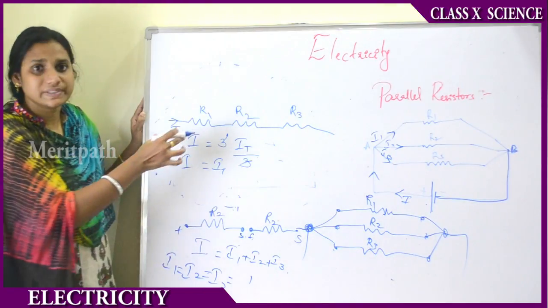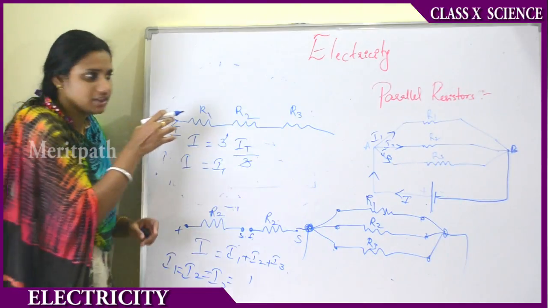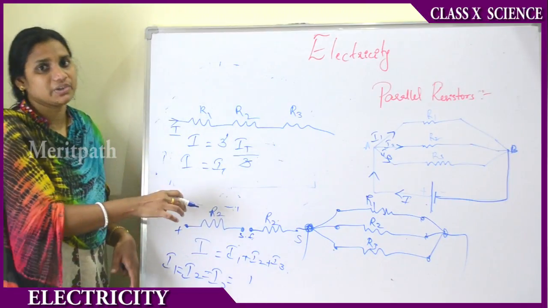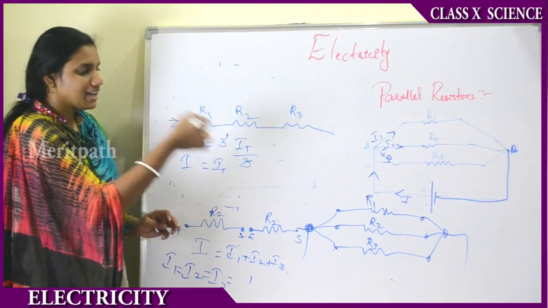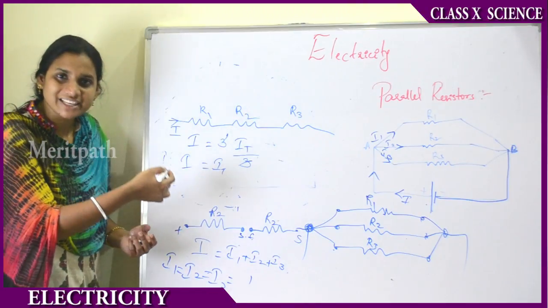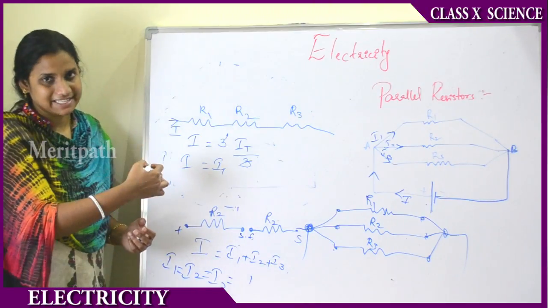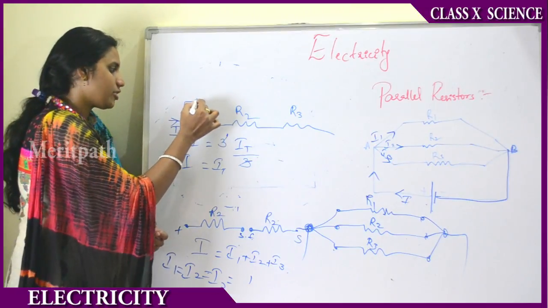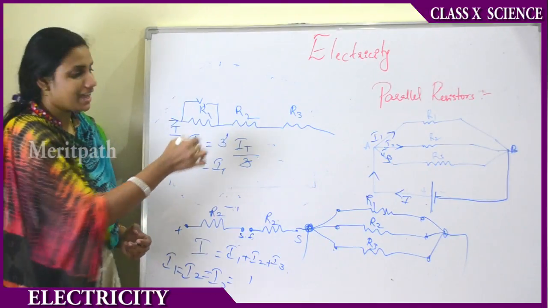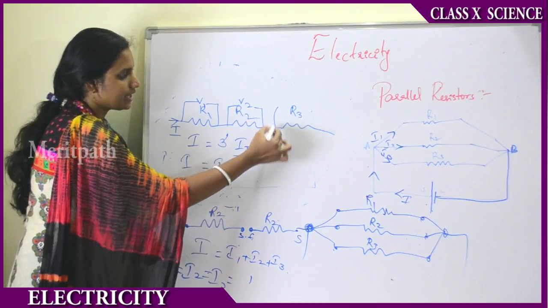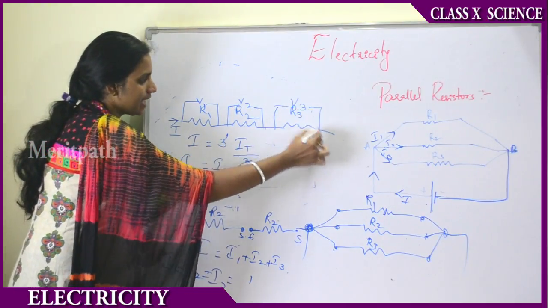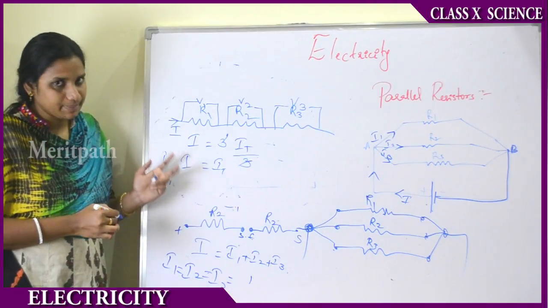What I want to say is that the amount of current flowing through the resistors in a series circuit is the same, or constant. Now coming to the voltage, it is divided across the series resistance because there will be a voltage drop at each and every resistor, and it can be measured using a voltmeter.